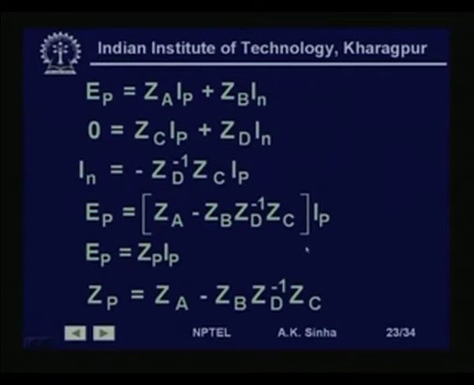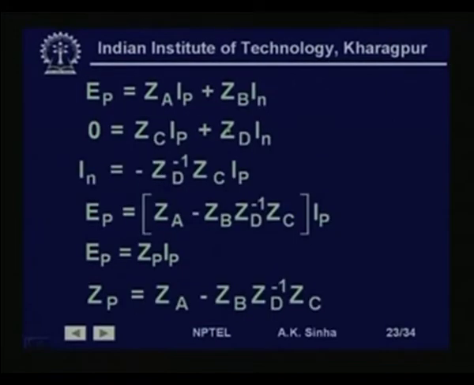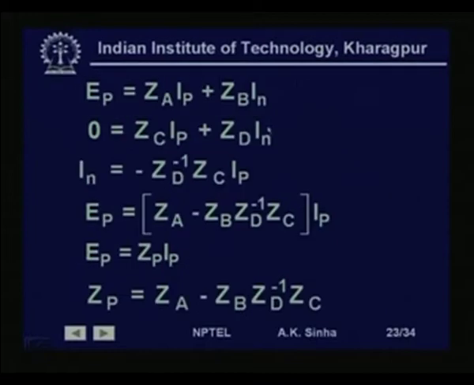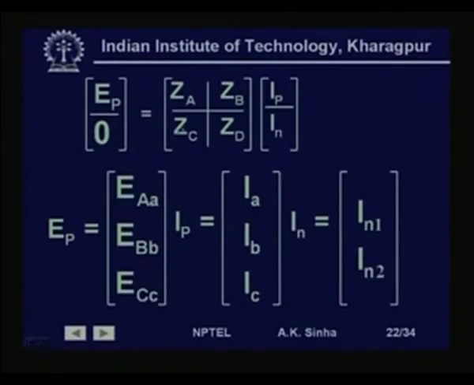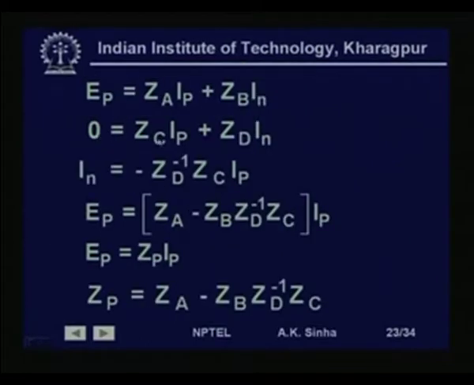Now, from this set of equations, we can write 2 separate sets of equations: Ep is equal to Za Ip plus Zb In. Similarly, 0 is equal to Zc into Ip plus Zd into In.